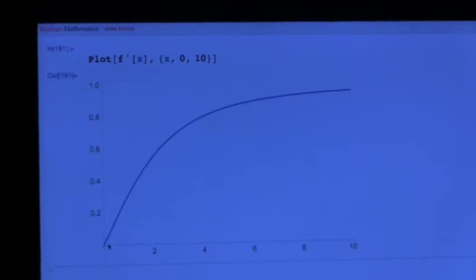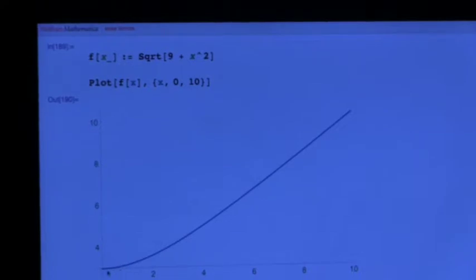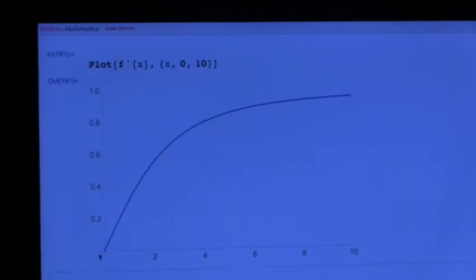What does it mean about the function itself, not the derivative, if the derivative is close to 0? So if the derivative is close to 0, it means the function's pretty shallow at the beginning. Okay, yeah, which is what we saw, right? So we saw this function being very flat near the beginning, and you can see that in the derivative, which has a value near 0.